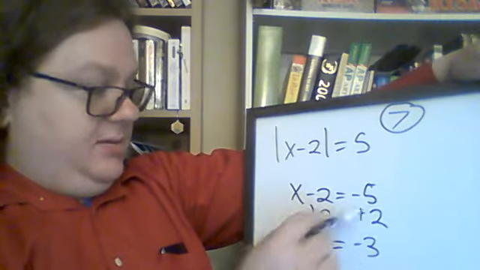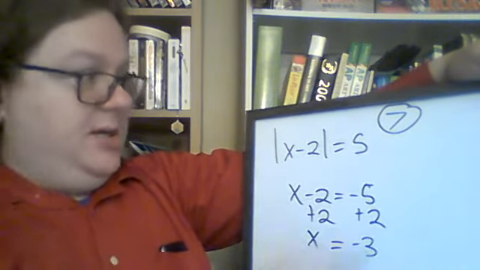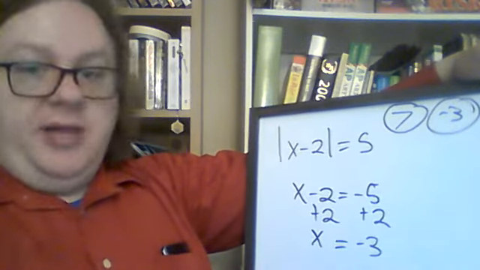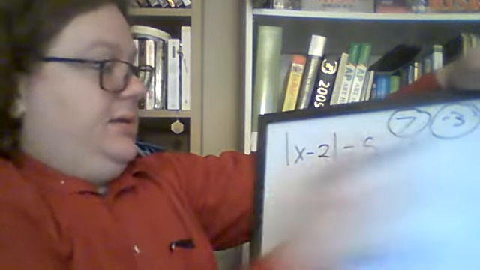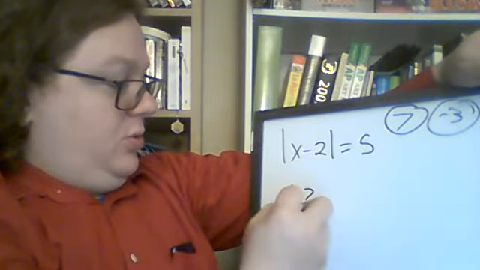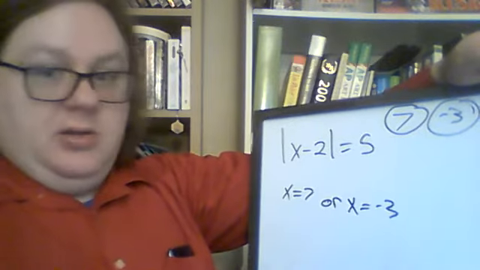See that? Negative 5 plus 2 becomes negative 3. And that's our second answer, negative 3, playing around with that 7. The way we answer that is we say x equals 7 or x equals negative 3.